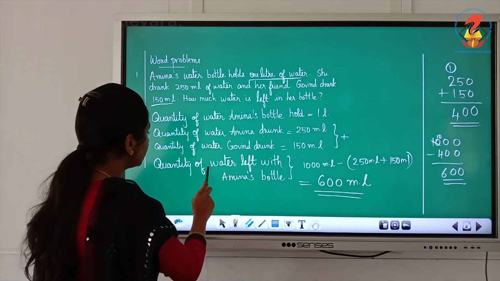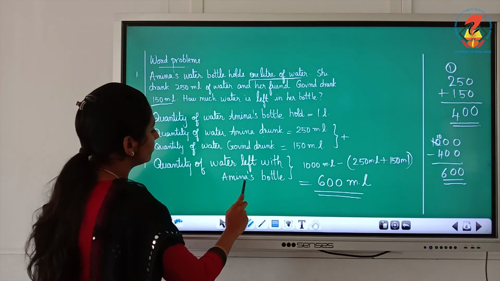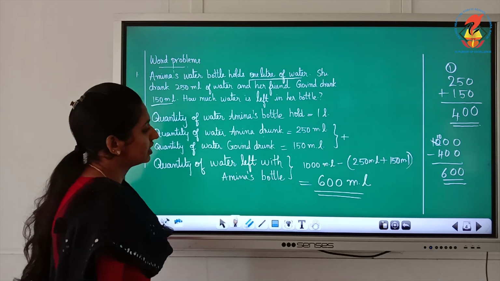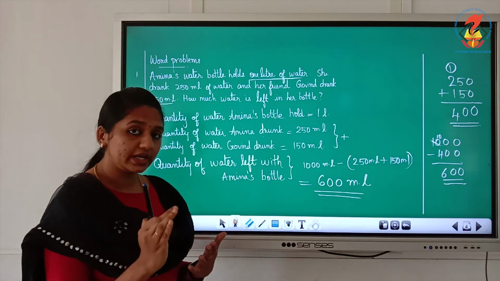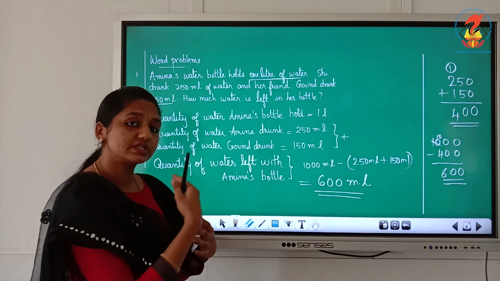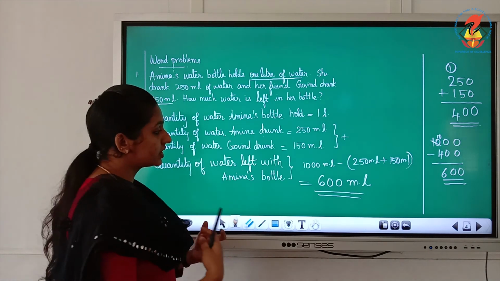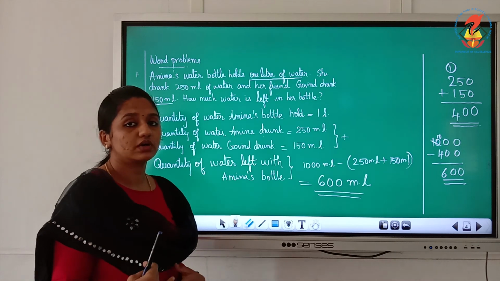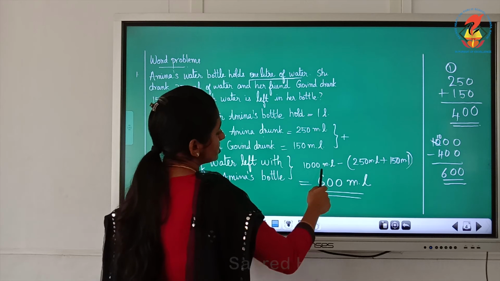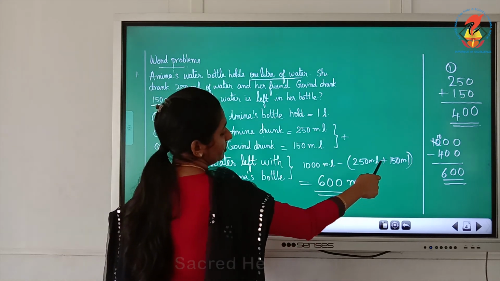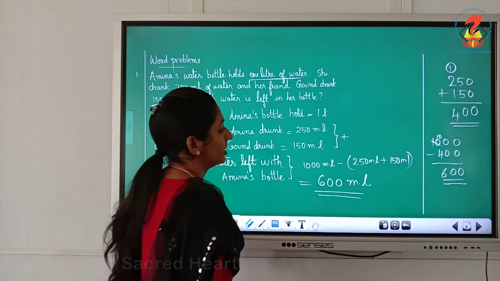So, that is the quantity of water left in Amina's bottle. That means how much water is in the bottle minus how much water the persons drank. Then after that you will get the left amount of water. Then 1000 milliliter minus 250 plus 150 milliliter.